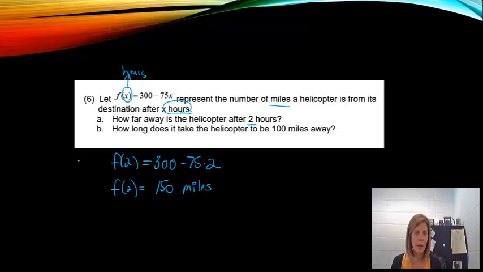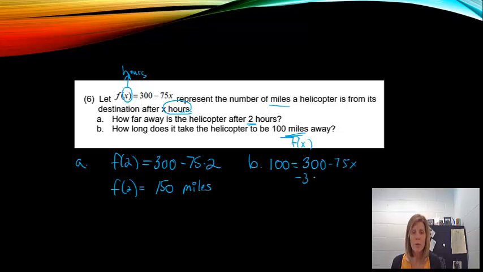All right, so that was part A. Part B, how long does it take the helicopter to be 100 miles away? 100 is my answer, so that is my f of x. So in this equation right here, we're going to put 100 in for the answer. So 300 minus 75x. And then from here, we're going to solve an equation just like we've been solving the equation all trimester.